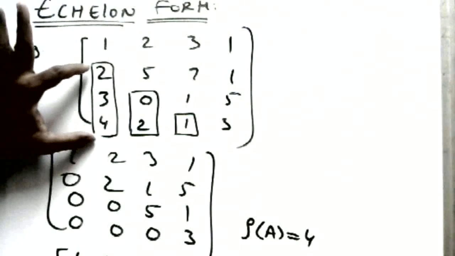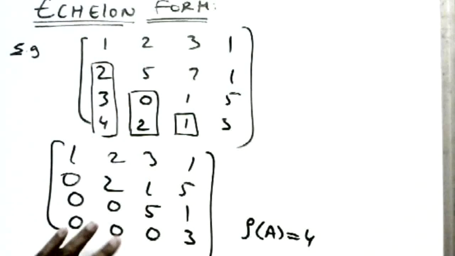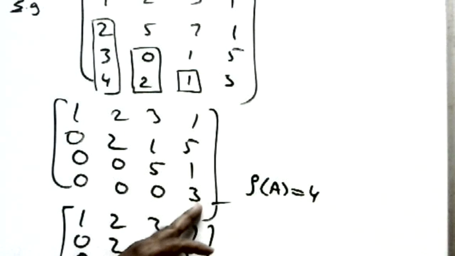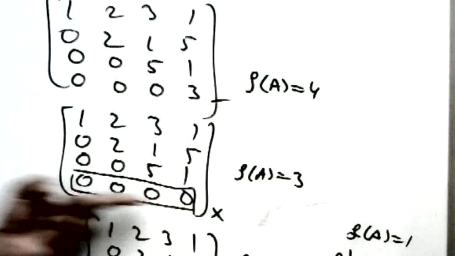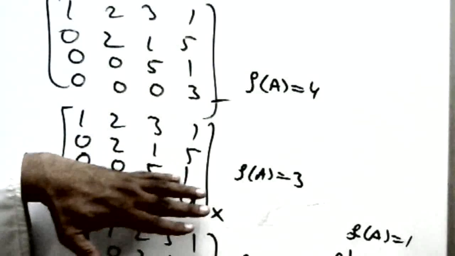Okay, let me revise this once more. What is the method? First we have to make these 3 zeros, then these 2 zeros, then this 1 zero. If some number other than 0 is left here, then we say this is rank 4. Sometimes this also becomes 0, and we get all 4 zeros in the last row, so we do not count this row.